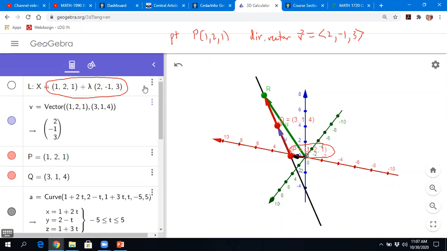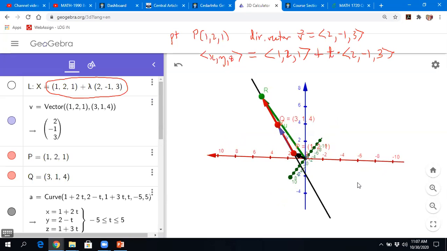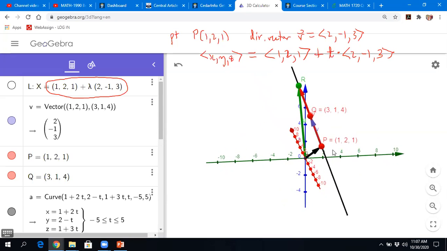And the vector equation of the line is going to be x, y, z, where x, y, z is any point on the line, equal to this original point thought of as a vector plus any multiple of the direction vector, 2, -1, 3. And this little graphic down here, I'm going to animate in just a second. This little graphic is what's going on with that. So let me move this thing around so that you can see. Do you see P right here? P is 1, 2, 1.